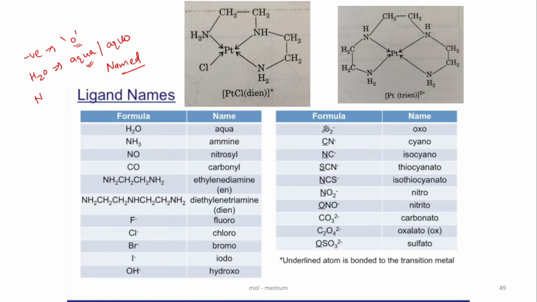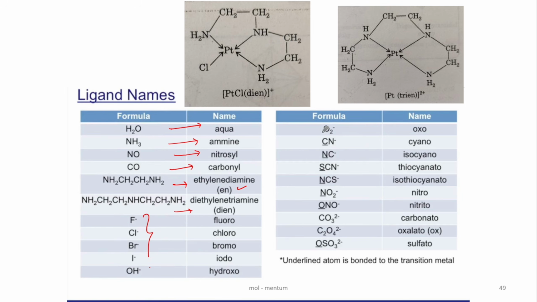For ammonia, which is neutral, we write ammine. You only have to remember that if the ligand is negatively charged, we write the suffix O, like oxalato, chlorido. So water is written as aqua, ammonia as ammine, NO as nitrosyl, CO as carbonyl, ethylenediamine as en, and diethylenetriamine as dien.